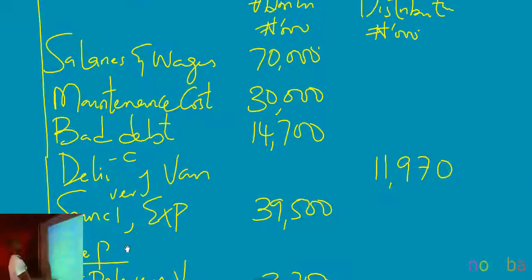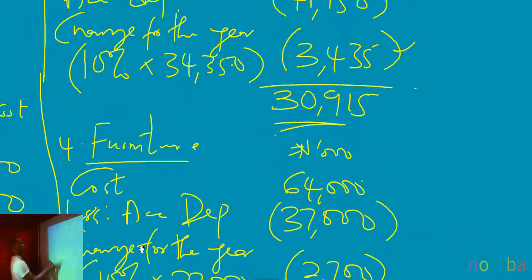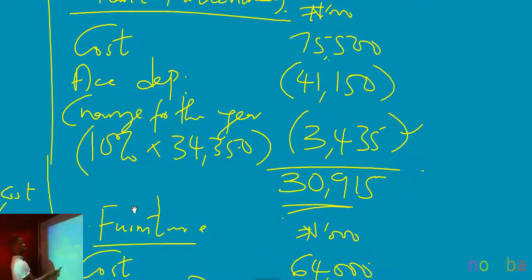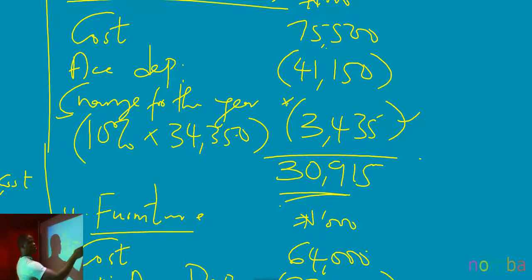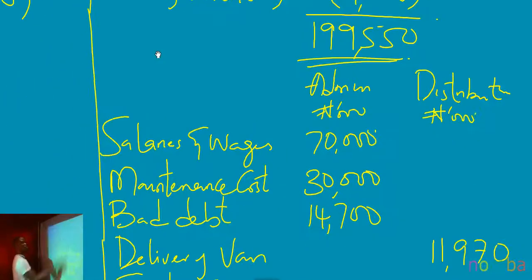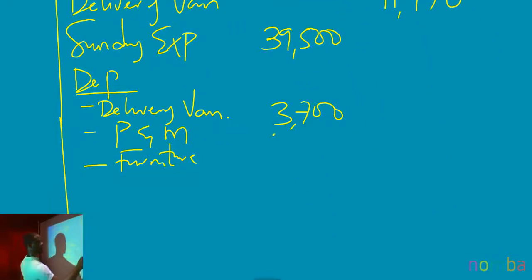However, for the plant and machinery, those were calculated up here. For the plant and machinery, we determined the depreciation charge for the year as 3,435.